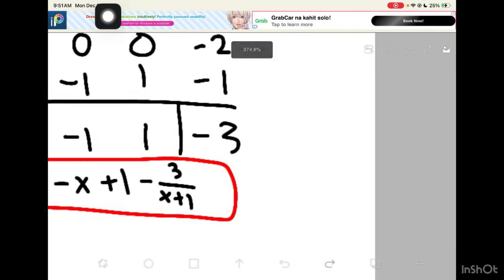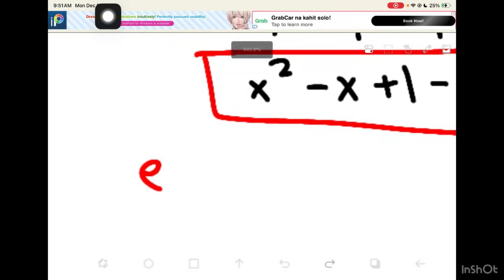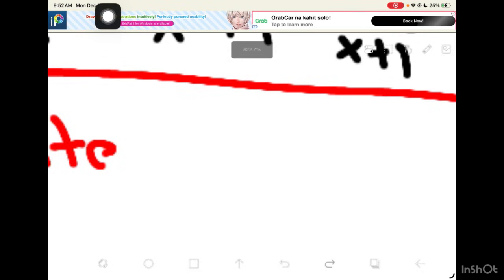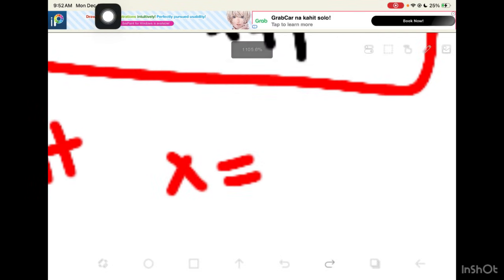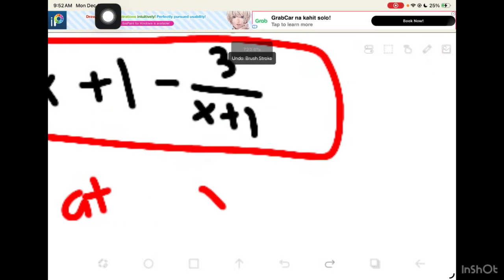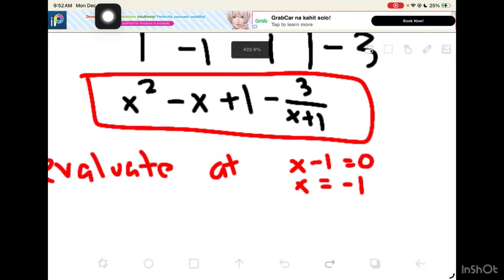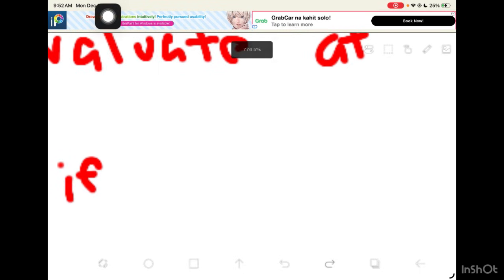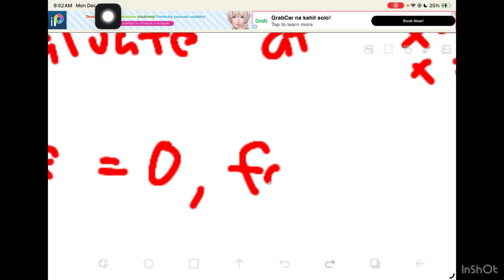Now, however, if you do the same thing, and let's say, evaluate at x equals, okay, let's do this. As you could see, if it's equal to 0, then it's called factor. That's factor theorem.